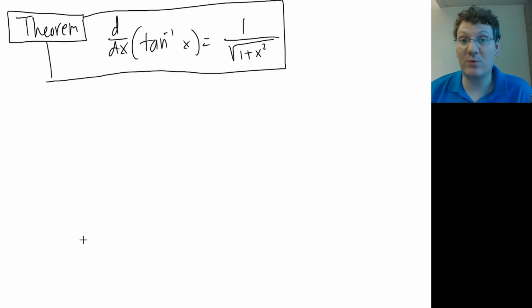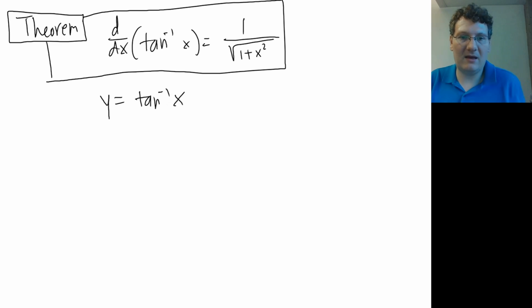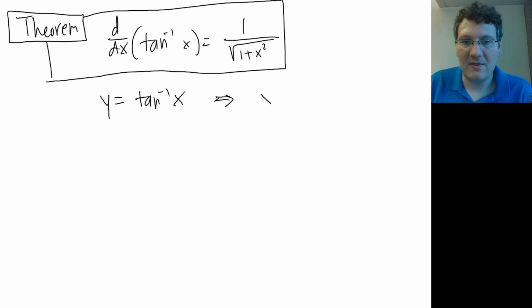Okay, so the derivative of the arctangent, the tangent inverse of x, is 1 over 1 plus x squared. You can find this by letting y be the tangent inverse of x, which is the same as saying x equals the tangent of y.